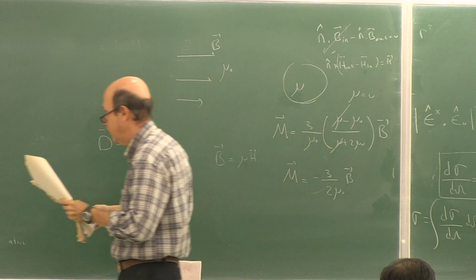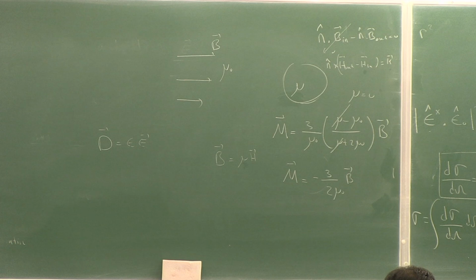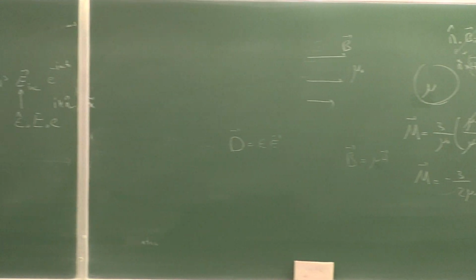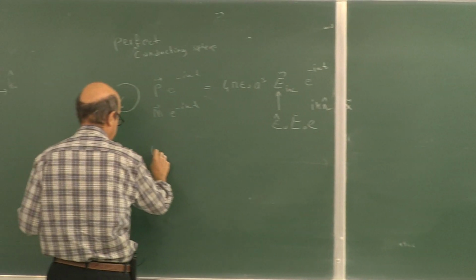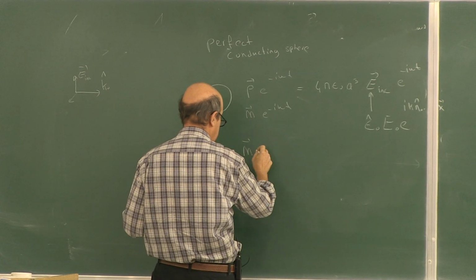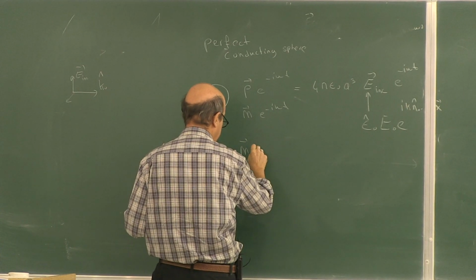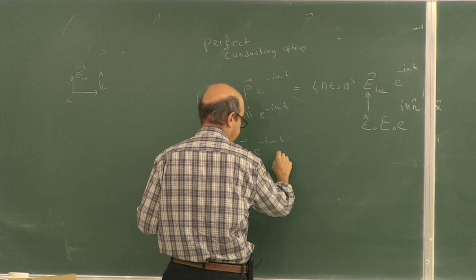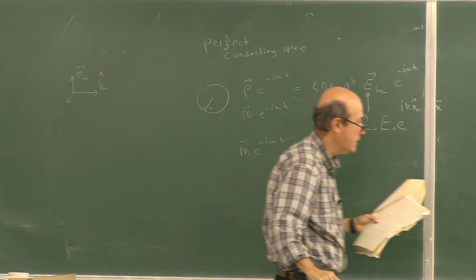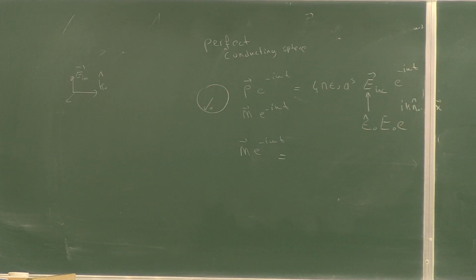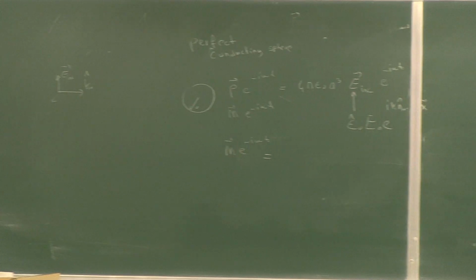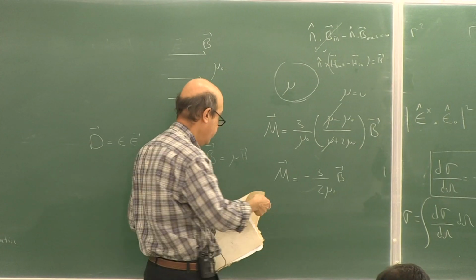So the other thing, we can write that the magnetic dipole moment of the sphere is just the magnetization multiplied by the volume.